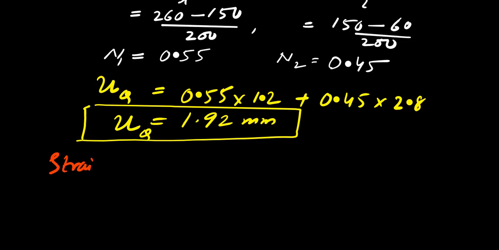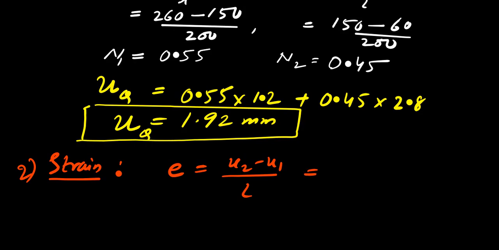Here the formula is strain epsilon is equal to u2 minus u1 by L. Just substitute these two: u2 is 2.8 minus u1 is 1.2, divided by 200. So approximately we are getting 0.008, that is the strain. There will be no unit here.